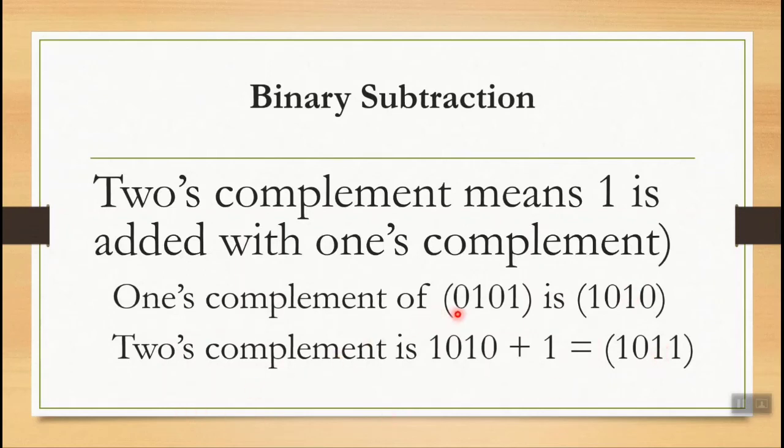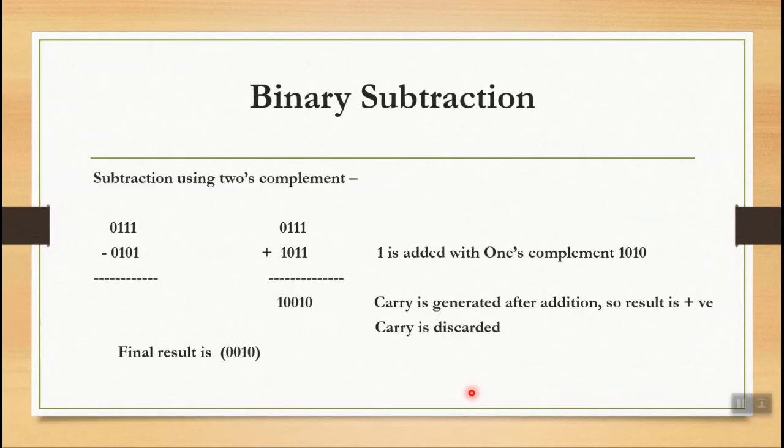So if you have a number 0 1 0 1, you make its 1's complement 1 0 1 0, then add 1 to it to get its 2's complement. So now the number is converted into 2's complement. Let us see how to use this number for subtraction.